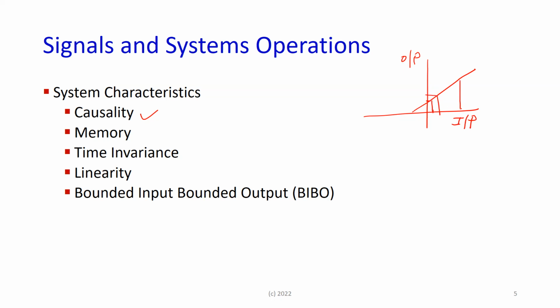The same change in input at some other operating point will result in the same magnitude of change in the output. Okay? Nonlinear systems have this kind of behavior, where a change in input here results in this sort of change in the output, but the same sort of change in the input somewhere else makes a much different change in the output.